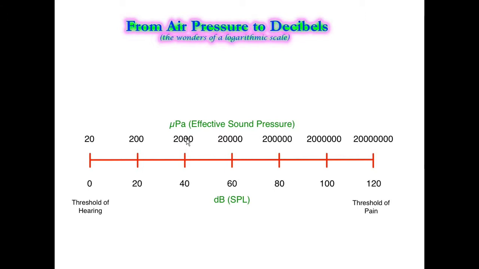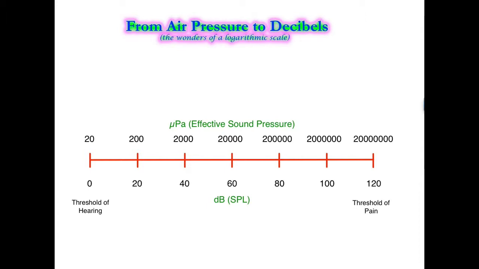We need a mathematical formula that converts these numbers into a more workable scale, a logarithmic scale called the decibel. And at the heart of that formula is the idea of a logarithm.